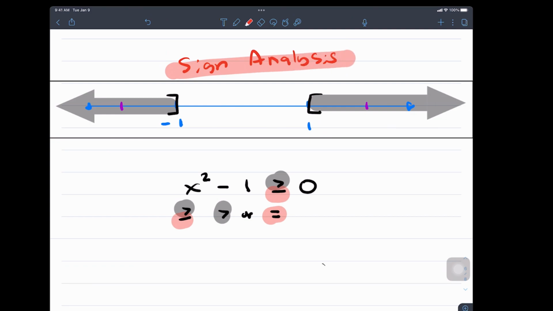What do they mean by that? Do they mean, are you a Capricorn? Are you a Gemini? What do they mean? By sign, they mean positive or negative.